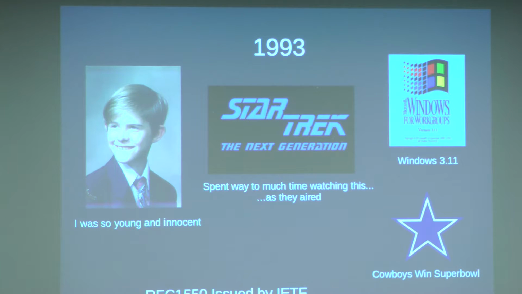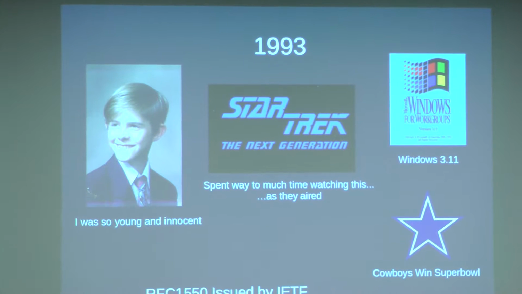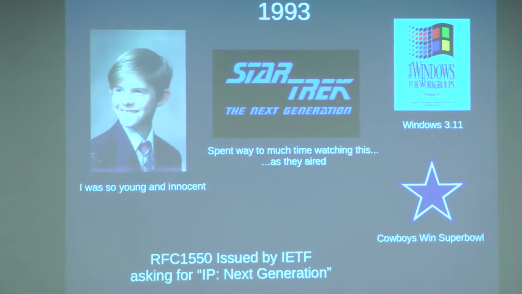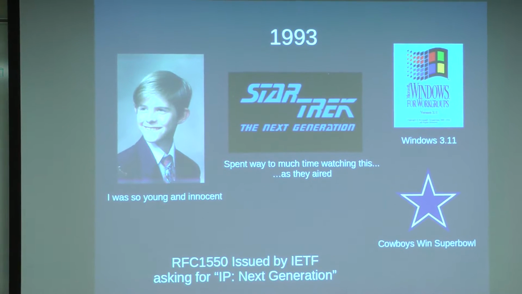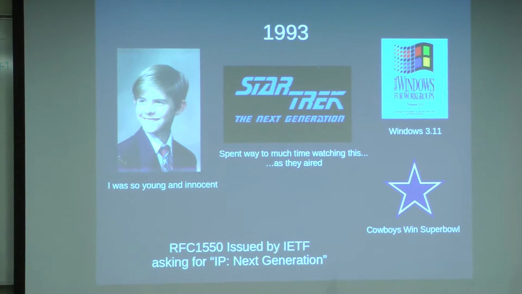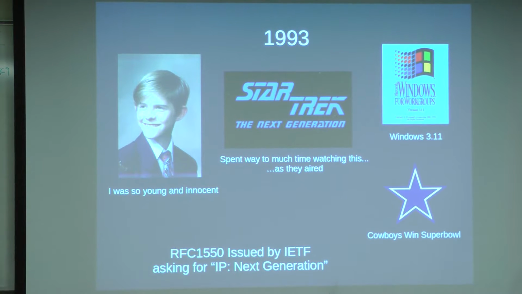But in terms of our conversation, RFC 1550 was issued by the IETF asking for the next generation IP protocol. IPv4 had been around for years at this point, and the idea of the internet and a global network for people to connect to was really starting to take off, and they realized we've got some issues, and so they put out a request for proposals for whatever the next generation IP, or Internet Protocol, is going to be.